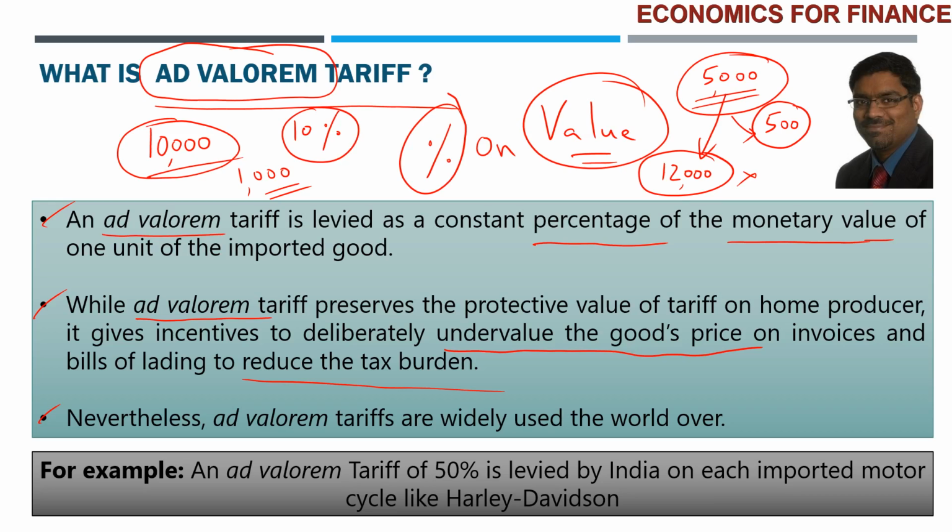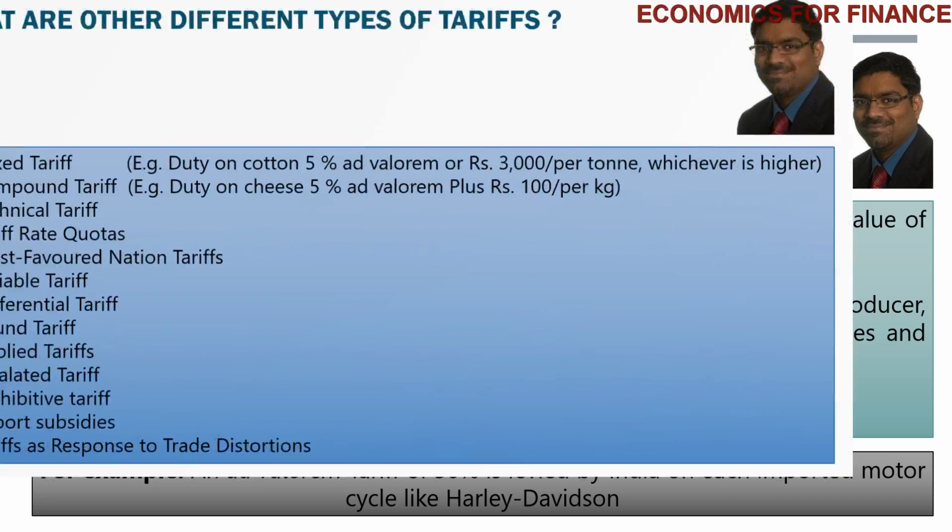We reduced it, but still whatever it is right now, there is an ad valorem tariff of 50% levied on each imported motorcycle in India. So that is an ad valorem tariff. Whatever the value of that bike that is imported, on that 50% has to be paid to the government as customs duty, that is ad valorem tariff.